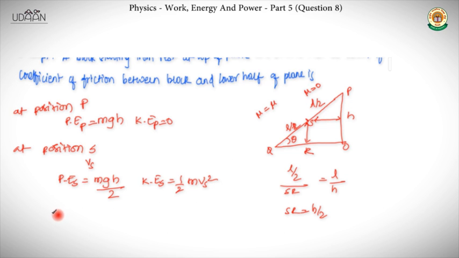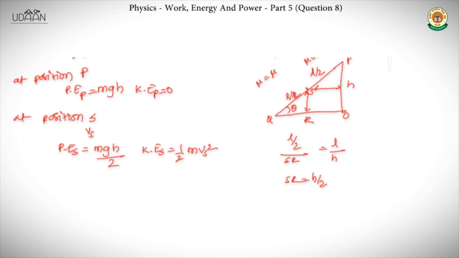According to the law of conservation of energy, the energy at position P and the energy at position S should be equal. So mgh is equal to mgh by 2 plus half m Vs square. In this way we get half m Vs square is equal to mgh by 2.